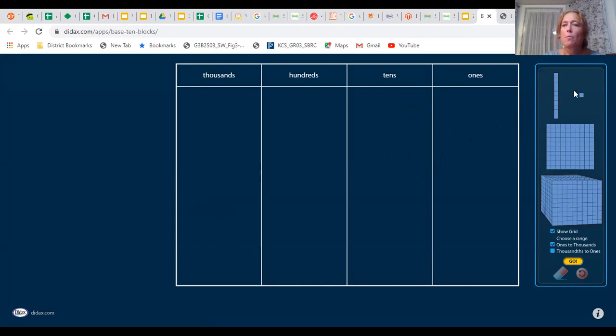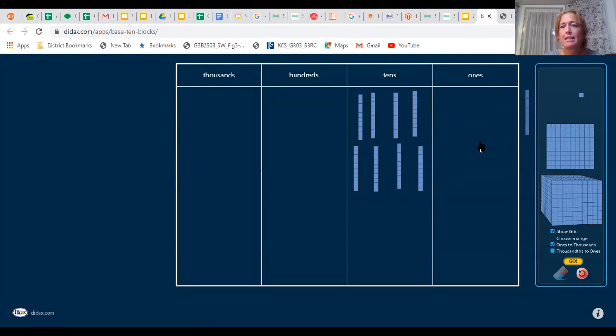So now we're working with 10 rods, or groups of 10. So here are my 10 rods. Eight, 9, 10. So once I have 10 rods or groups of 10 in my tens place, what do I do? Because we know that we can only have 9.